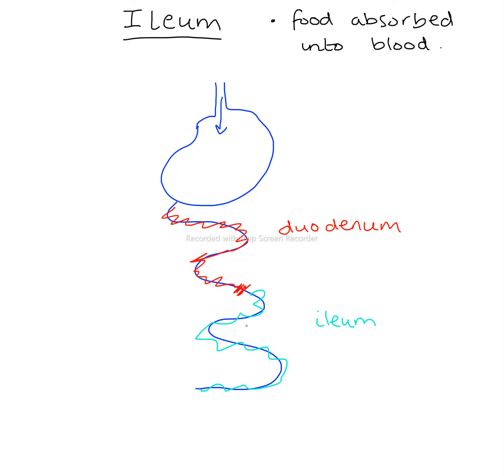Right, that's how we're going to do it, and we're going to look at this part. Now what you've got is your intestine wall, and on the wall you have a little projection here.